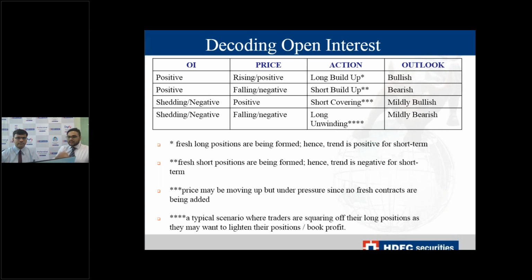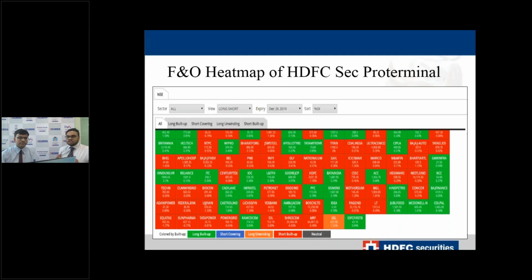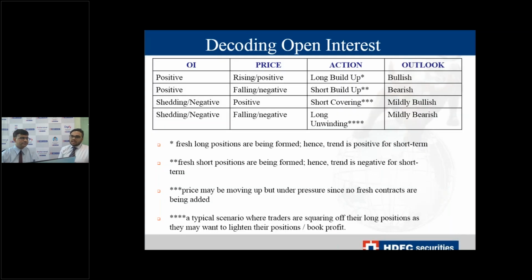And if the price falls with an increase in the open interest, it means the market is going to fall ahead and it is in a form of correction. If the open interest is decreasing and the price is rising, it means short covering is happening in the market. And if the open interest is decreasing and the price is falling, it means long liquidation is taking place in the market.